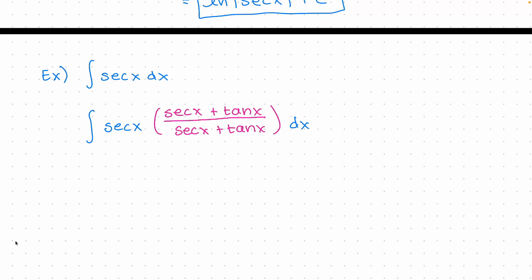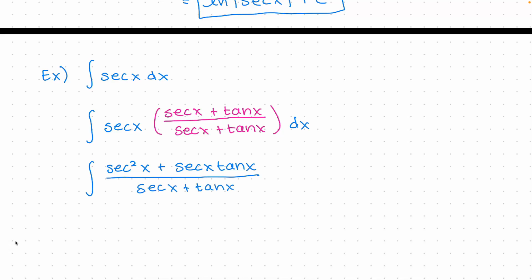If I go ahead and multiply it out now, in the numerator we get secant squared x plus secant x tan x. And the bottom is the same. And now look at what we got. The derivative of the bottom is now in the top.